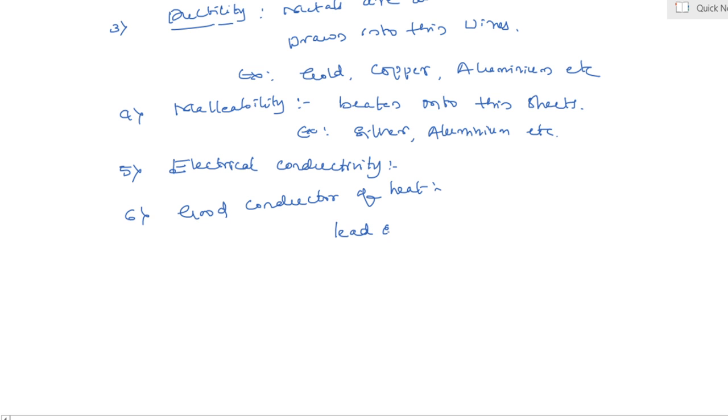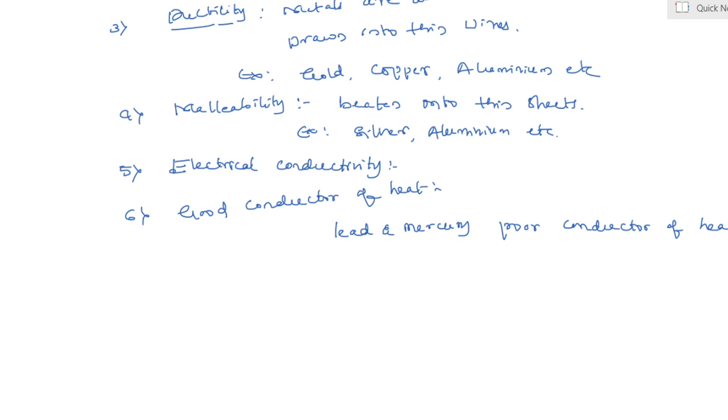But lead and mercury are termed as what? Poor conductors of heat. Yes, my dear students, metals like copper and silver are among the best conductors of heat. Best conductors of heat are termed as what?